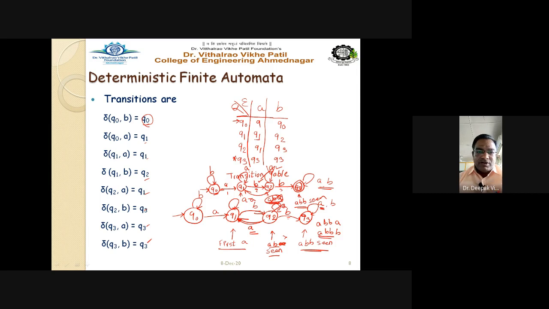This is very important. Carefully observe this while drawing. All 8 transitions, 1, 2, 3, 4, 5, 6, 7 and 8, are completely done here, right? So this is the way to draw the deterministic finite automata. Getting this point? Okay.